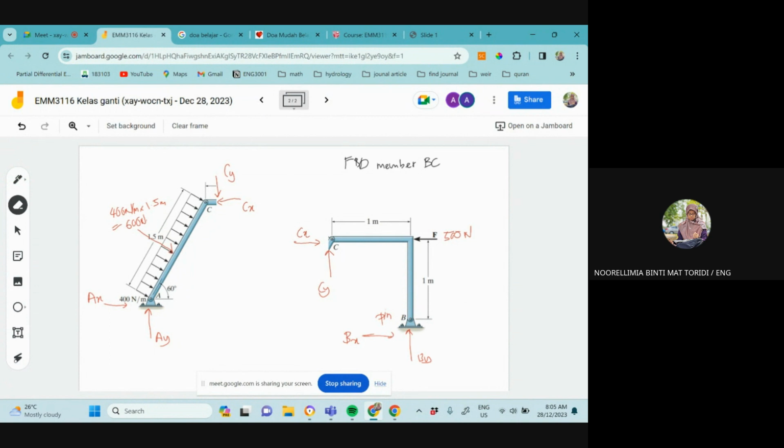Okay, so here, how many unknowns are in the free body diagrams of the two members? So this one is the FBD for member AC.